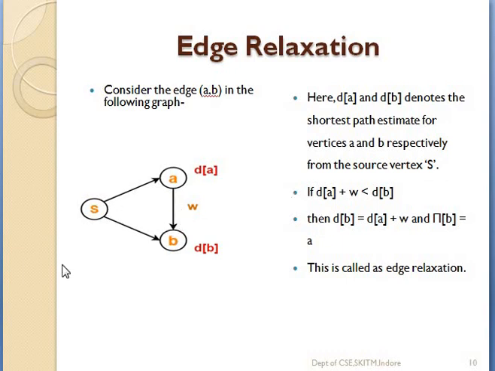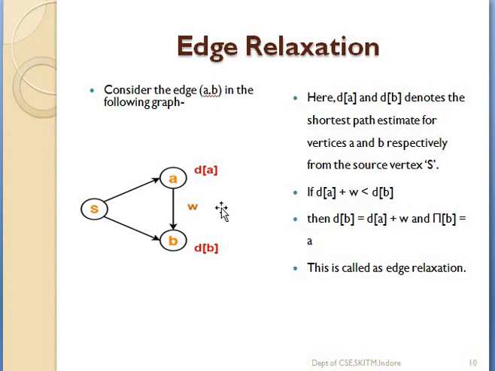If we want to reach vertex a, the distance from s to a is the minimum, and if we want to reach vertex b, we can choose the route from s to b, or the route from s to a plus a to b.